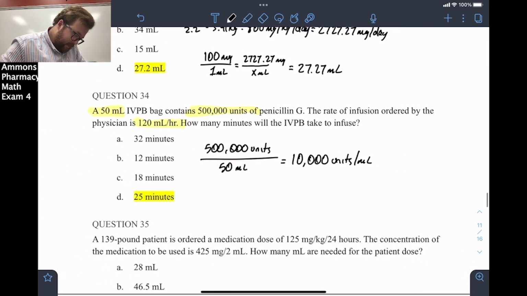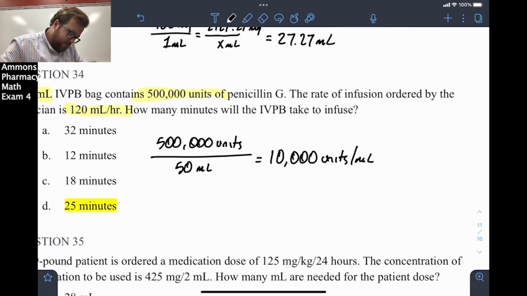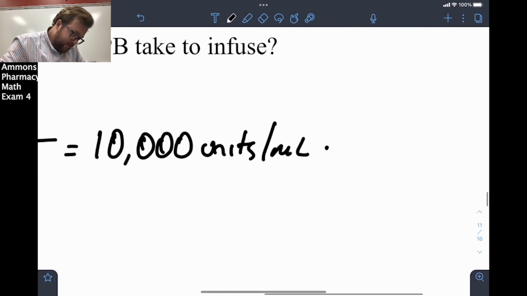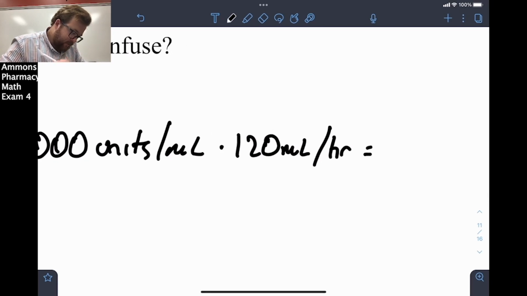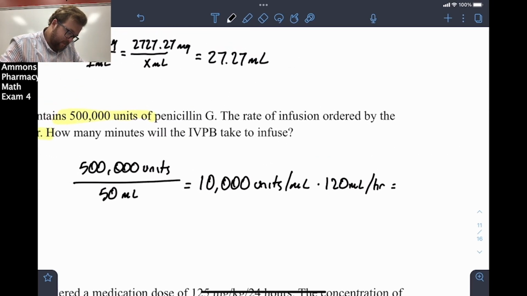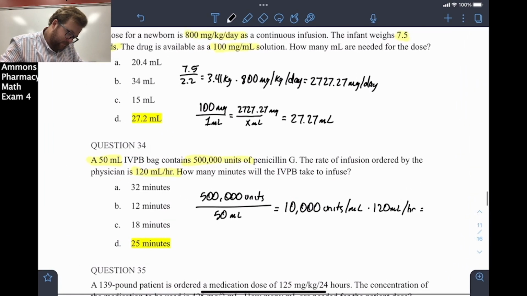Okay. He orders 120 mils per hour. Okay. So, if it's 120 mils per hour, this calculation will get units per hour. Units per mil.